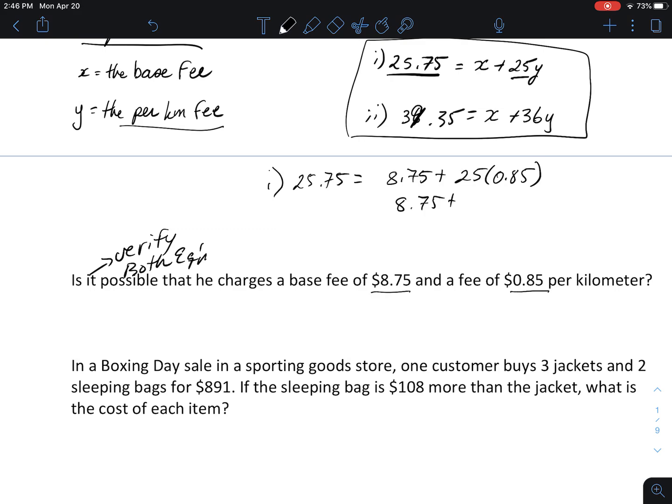And if I do that, I would get $8.75 plus $21.25, which is 30, which is not $25.75. So it doesn't work in the first equation. So no, this is not the answer.